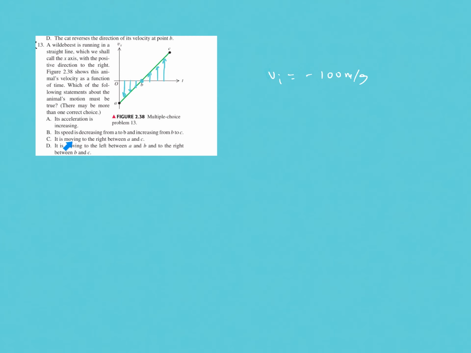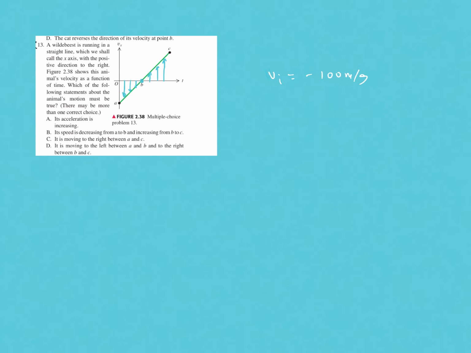C: it is moving to the right between A and C. Well, the velocity is negative first, so he's moving to the left, and when he arrives at the point B, the velocity is 0, he reverses, and now the velocity is positive.